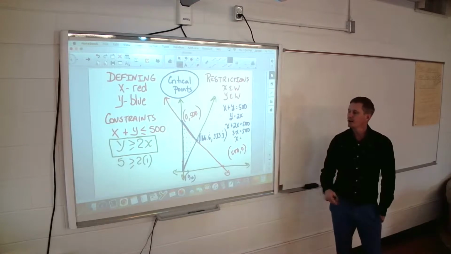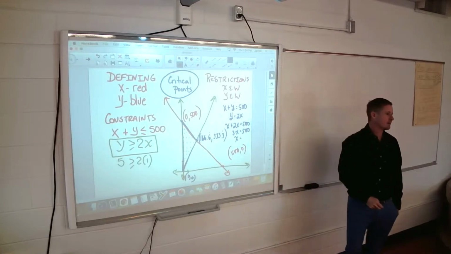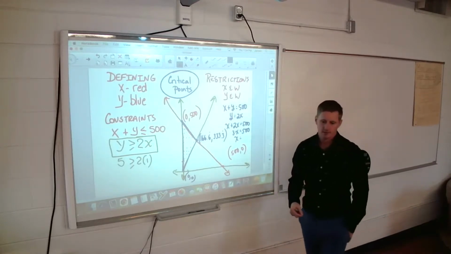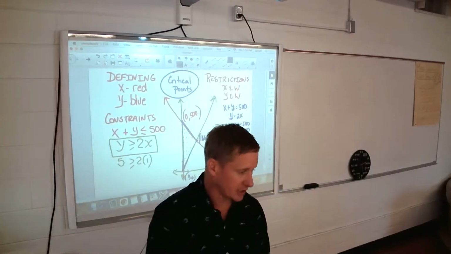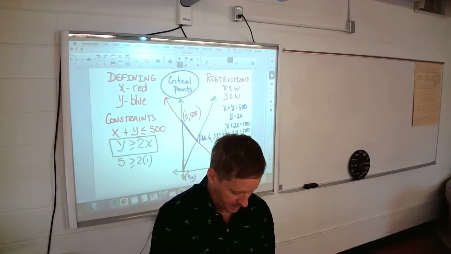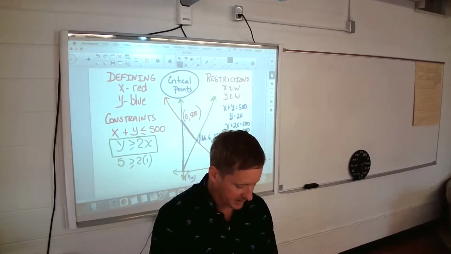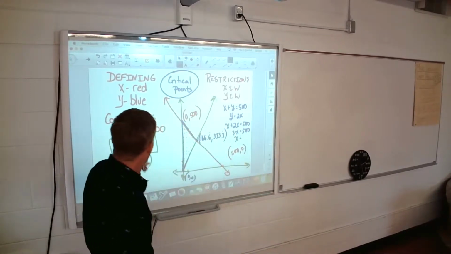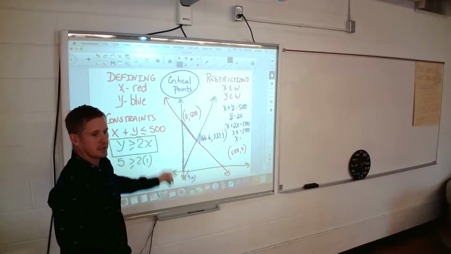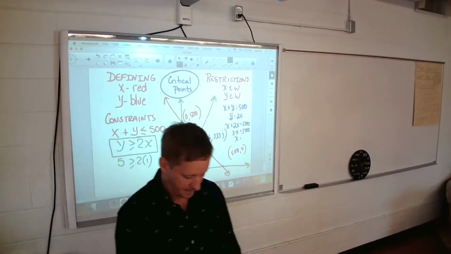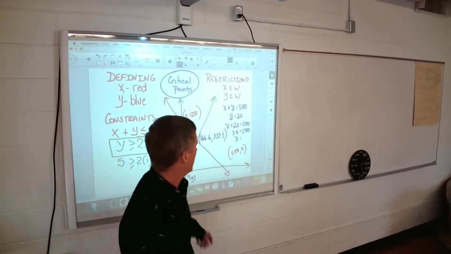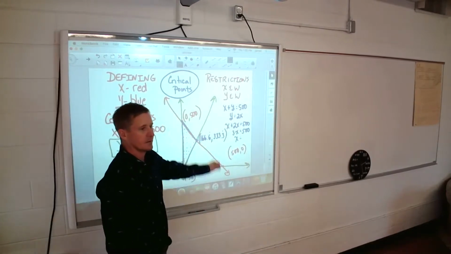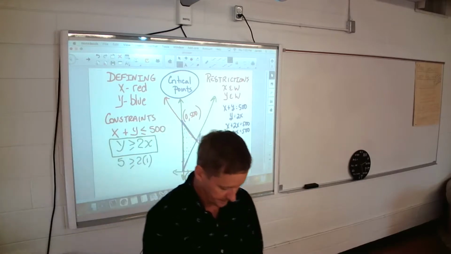Now, I did a whole bunch of work here that didn't need to be completed. It says, define the variables and restrictions. We did that. Write a system of linear inequalities that models the situation. There's my system right there of linear inequalities. Graph the system of linear inequalities. I just did that. Again, I would check it with Desmos.